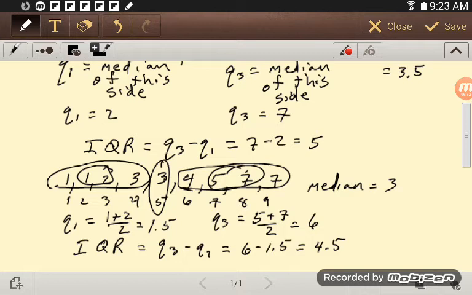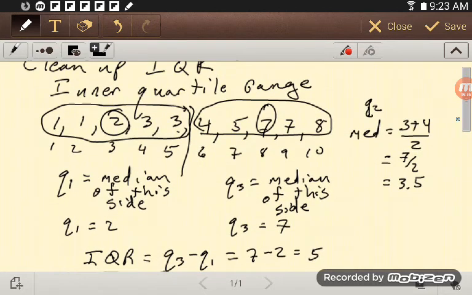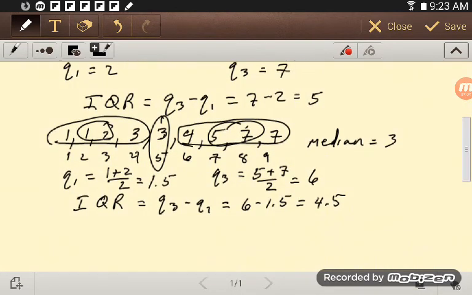If there are an even number of numbers, then we'll truly take half on each side, and find the medians to get our Q1 and Q3. If we have an odd number of numbers, we'll find that median, but then just take everything that's left in order to find our Q1 and our Q3.